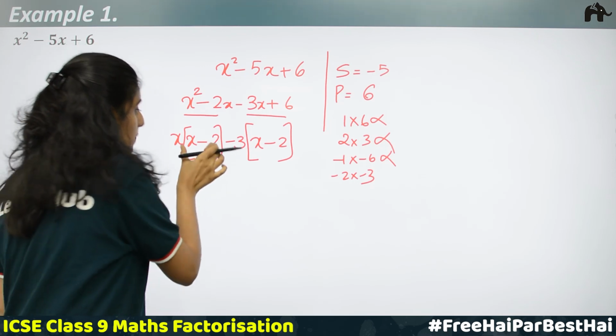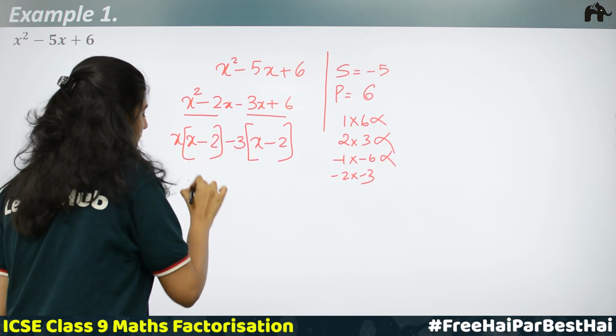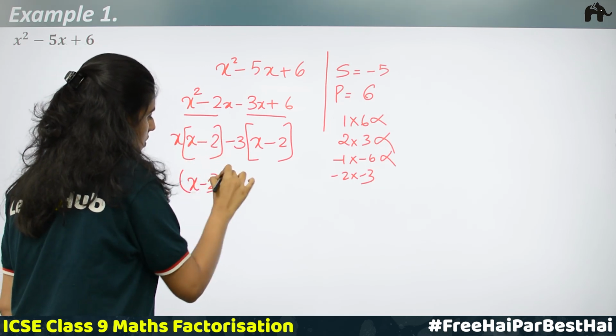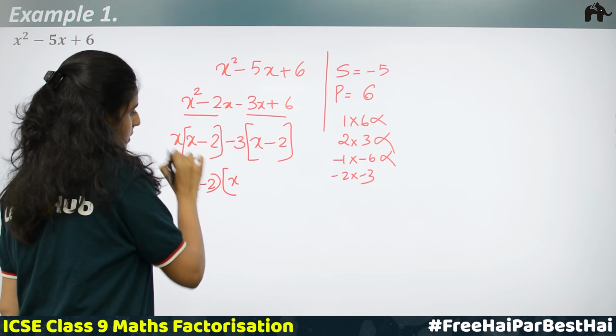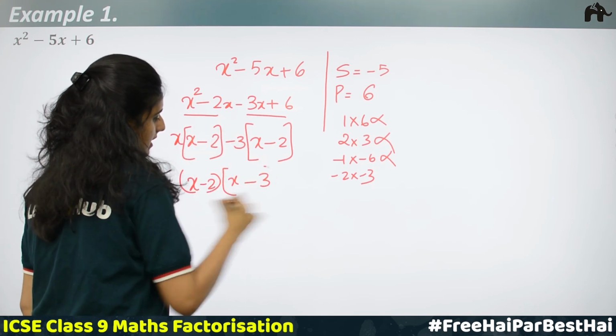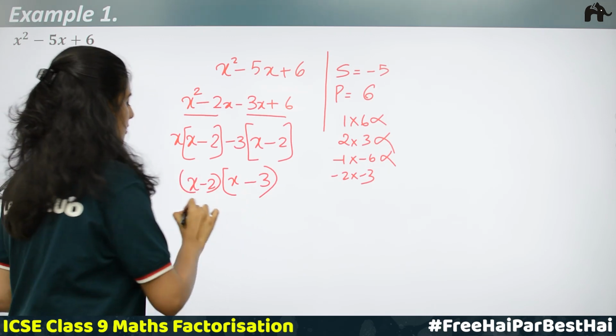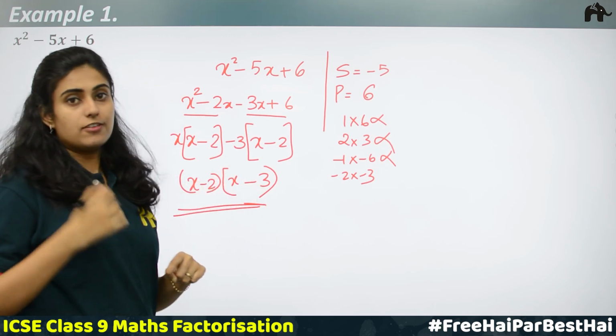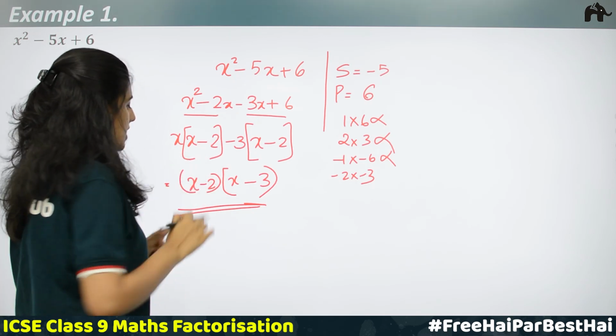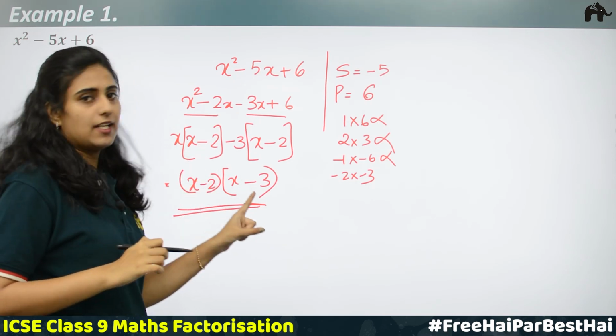Now you can see x minus 2 is common to both the terms. So taking out x minus 2, will be having x from the first term and minus 3 from the second term. So x minus 2 into x minus 3 is the factorization. After factorization, the factors obtained are x minus 2 and x minus 3.